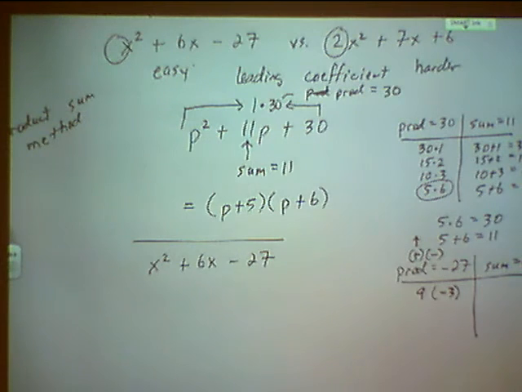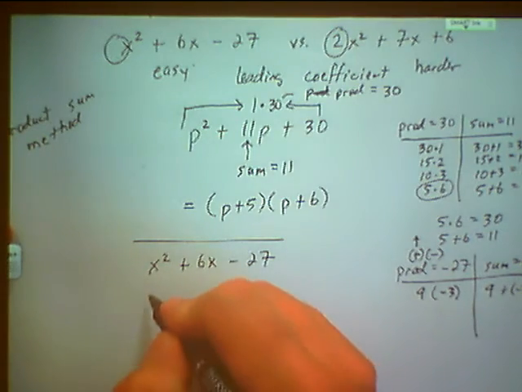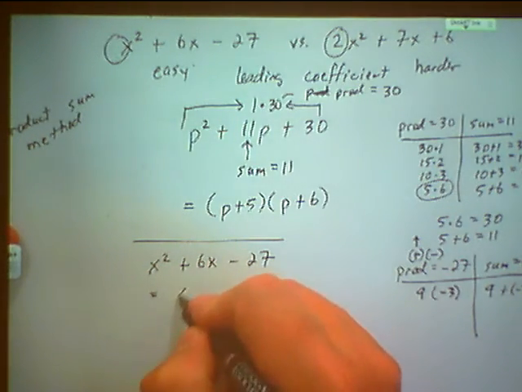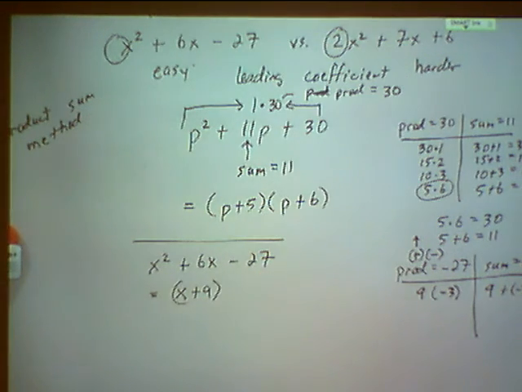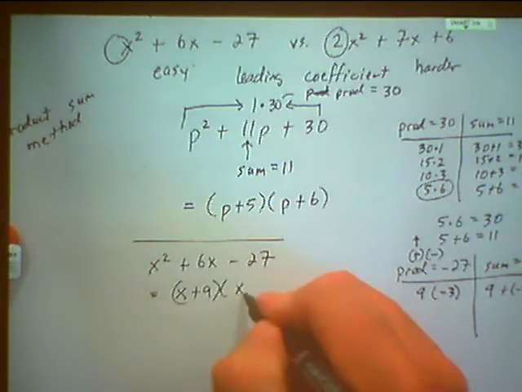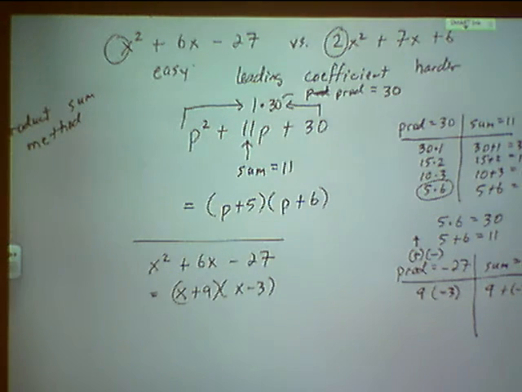But when I add them, it equals 6. So there are my two factors, 9 and negative 3. So because I don't have a leading coefficient, I don't have a number from the squared term, I now can right away use my two factors, x plus 9 times x minus 3.